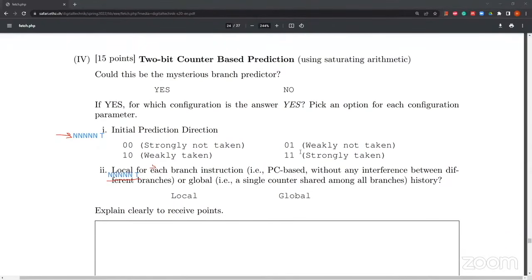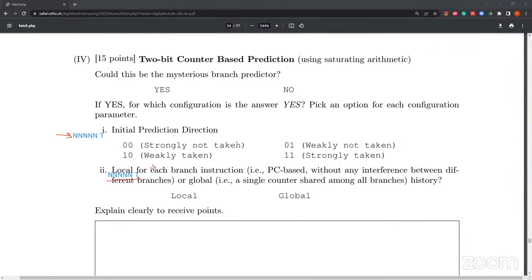And how this works is initially we have some starting state, either 0, 0, or one of these 4 cases listed here. Every time an outcome of the branch is evaluated, the counter is incremented or decremented. So for example, assume we are at 0, 0, the strongly not taken case.